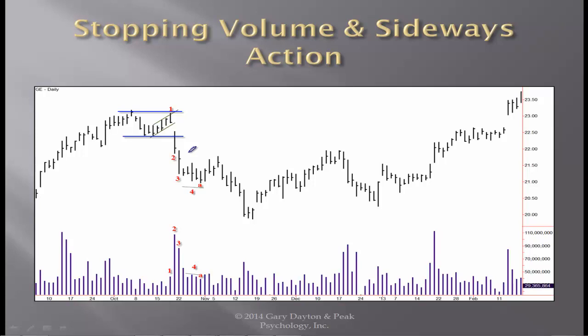So what we see here is a little bit of stopping volume, and then on the bars here at 4, we see light volume, and we do try to push down a little bit lower, especially on this bar and on these couple of bars here. But look at the volume. The volume from this bar to A is declining. Just like we saw earlier on the hypothetical chart at the top of the market, where we saw no demand, this is no supply.